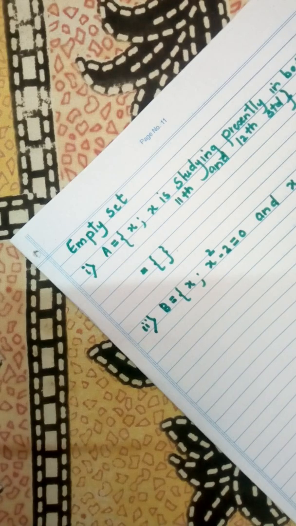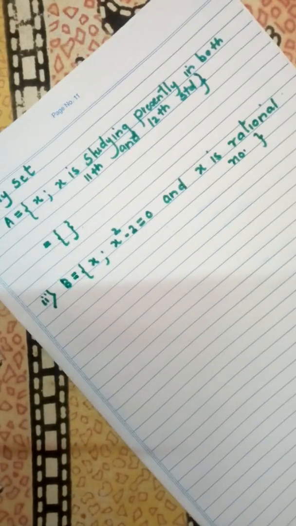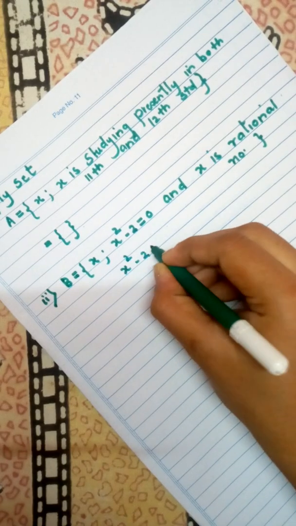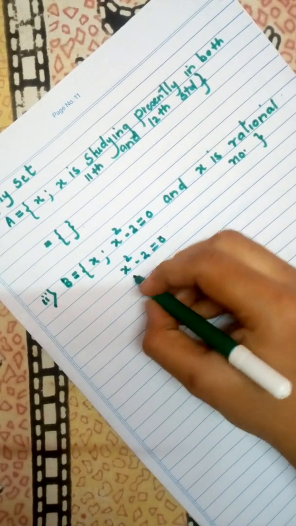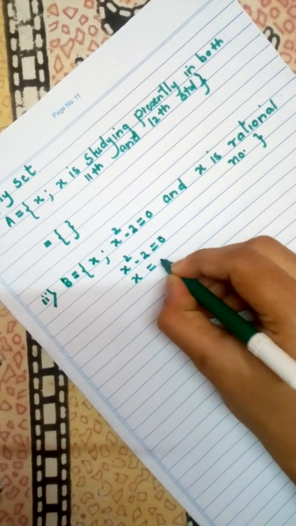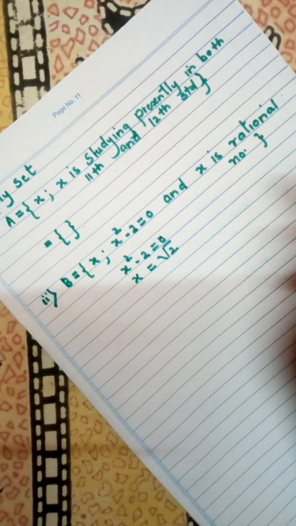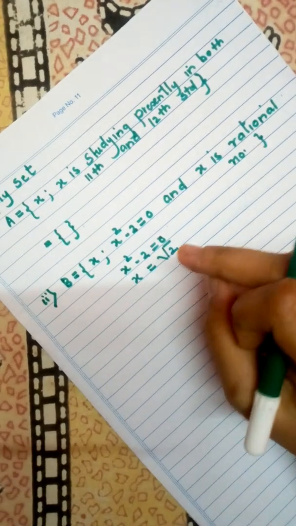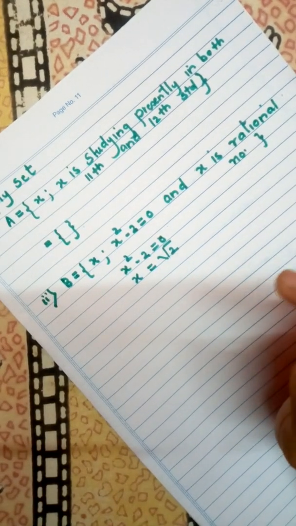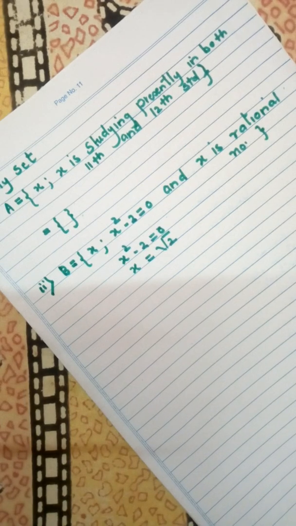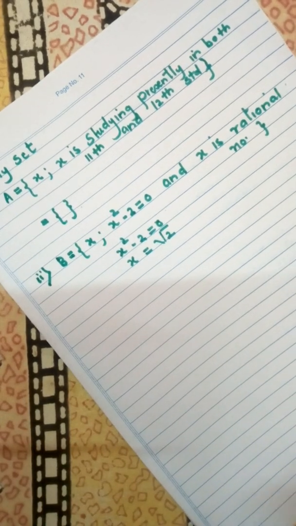Now when we solve x squared minus 2 equal to 0, we get x equal to square root of 2, and this is not a rational number, this is an irrational number. So here also our set is empty. More examples we will see when we solve the exercise problems.